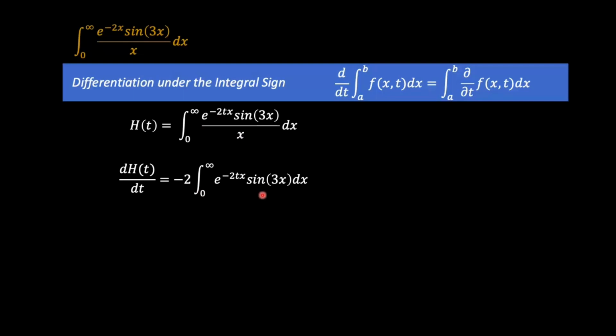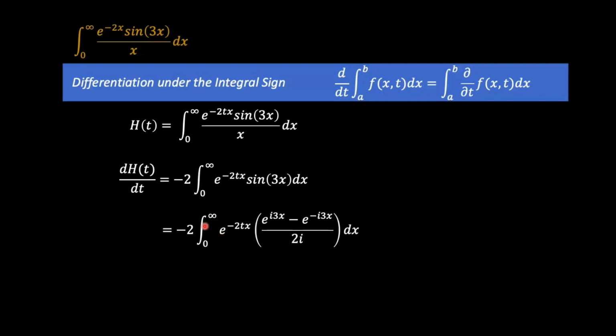That eliminates the denominator that was a little bit convoluted, and we can integrate this derivative. So we can go further and express sine 3x using Euler's formula, which is e to the power i3x minus e to the power negative i3x over 2i.